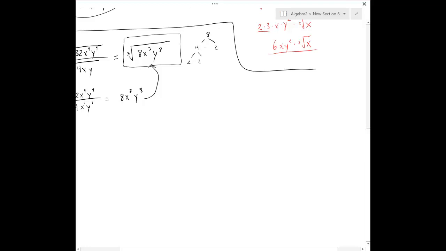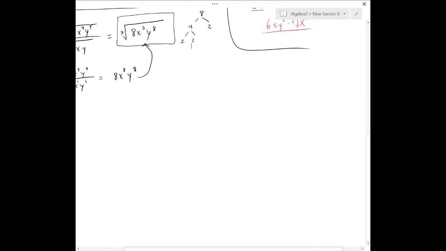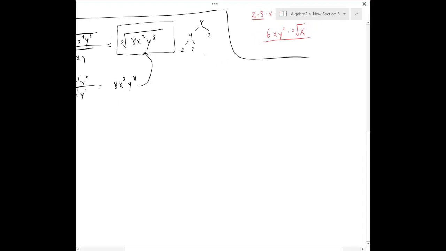That's where that comes from. It's not just willy-nilly. So now we put the result of that split, which is, by the way, 2 cubed, into the spot where 8 was, and so we have the cube root of 2 cubed x cubed y to the 8th.